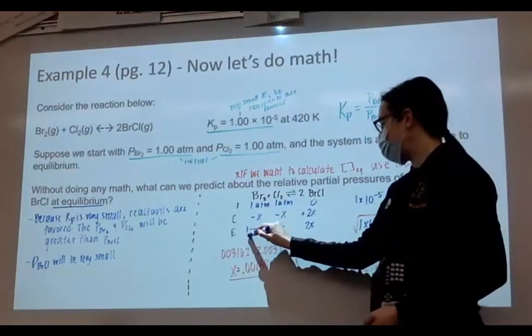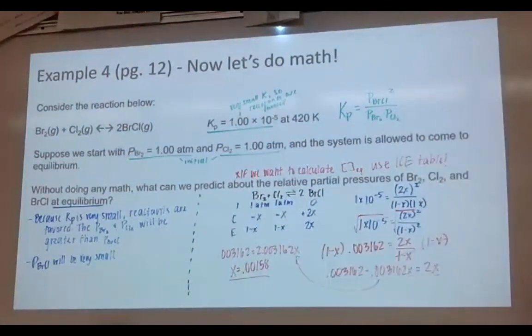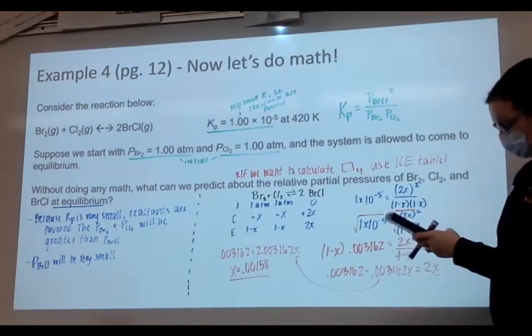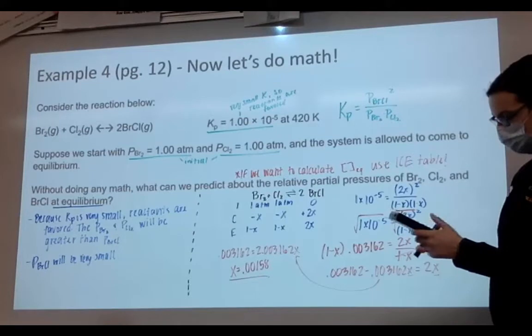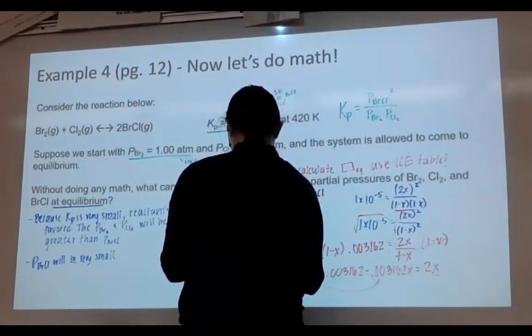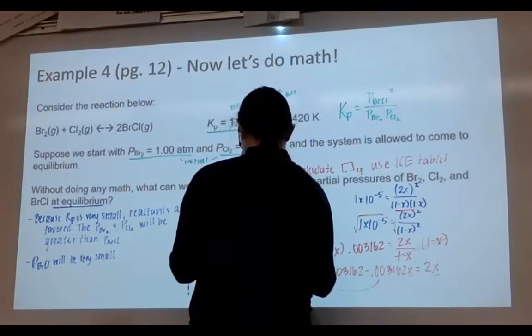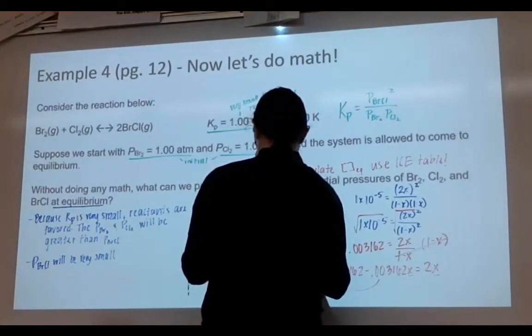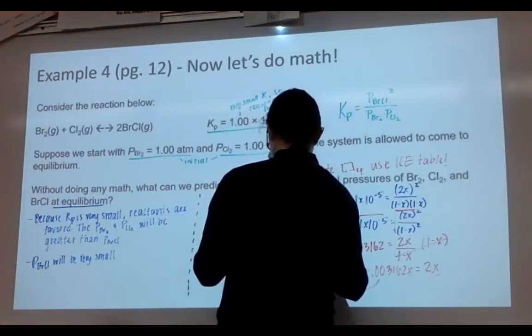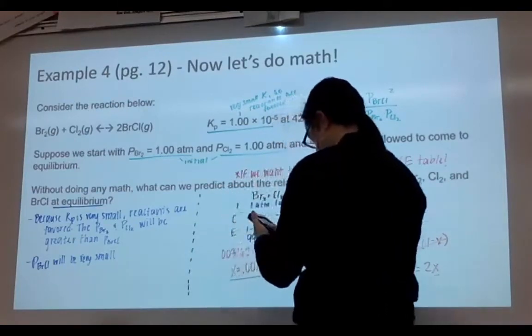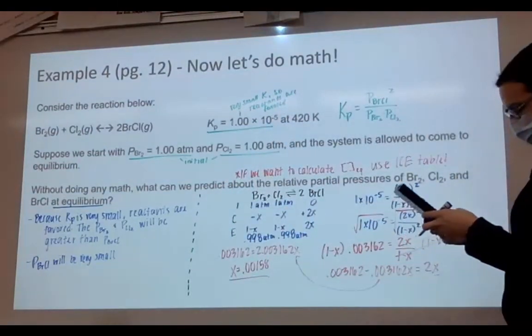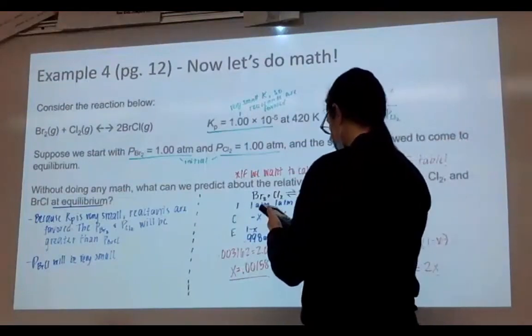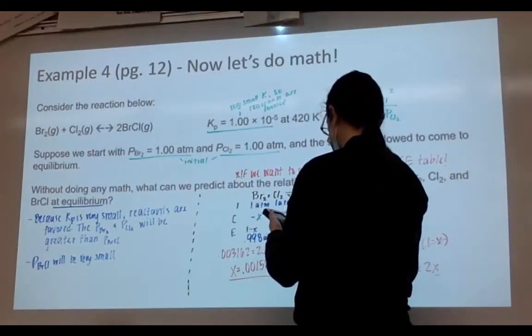Once we have x, we need to make sure that we're plugging x into the equilibrium. So 1 minus 0.00158, 0.998, so 0.998, and 2 times 0.00158, 0.00316.